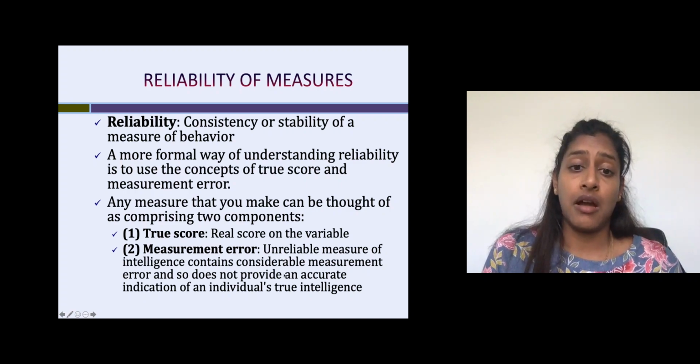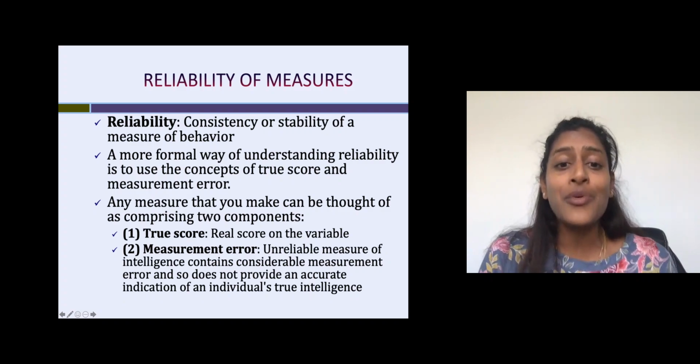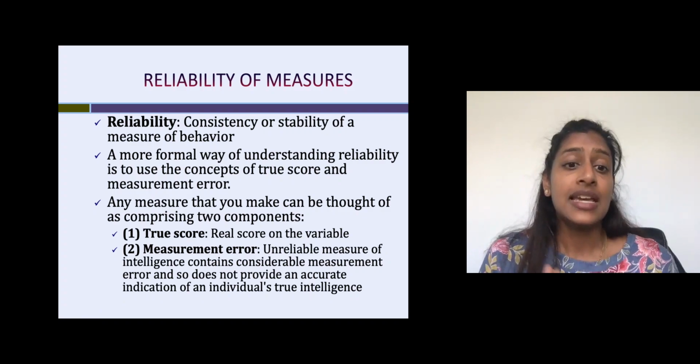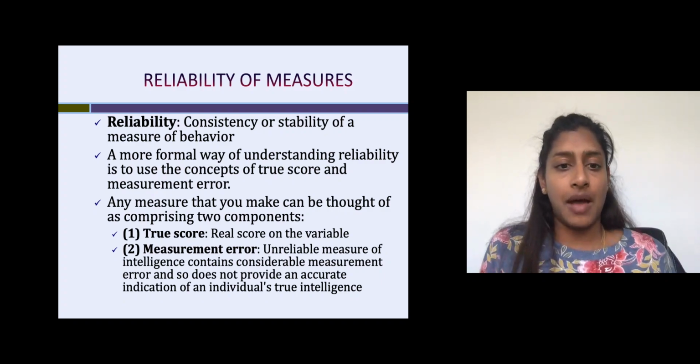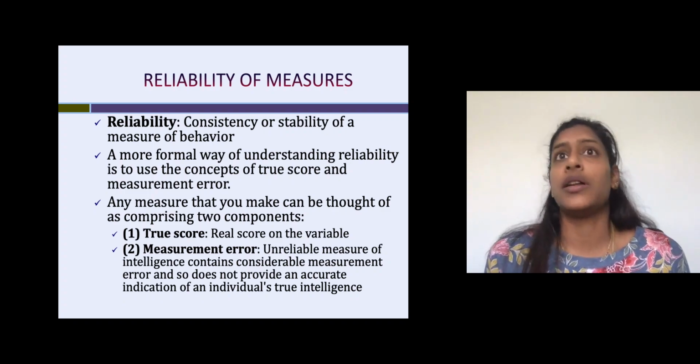But our measurement error is this unreliable measure of intelligence. An unreliable measure of intelligence contains considerable measurement error, and so that's not really providing an accurate indication of that person's true intelligence. So what does that mean, right?